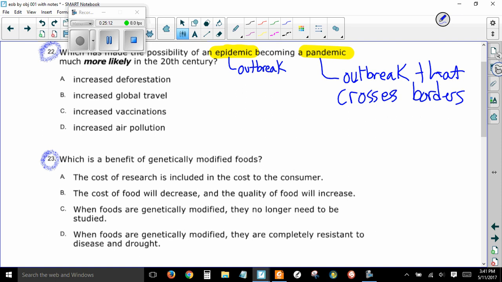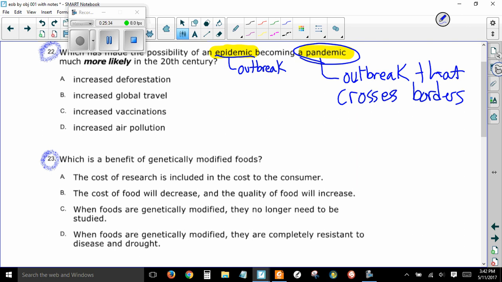Okay, so if Charlotte, North Carolina is full of zombies, that is an epidemic. When the zombies start crossing over into Tennessee, Kentucky, moving all the way up to New York, that is a pandemic.